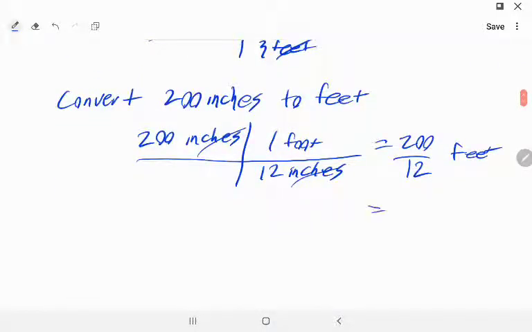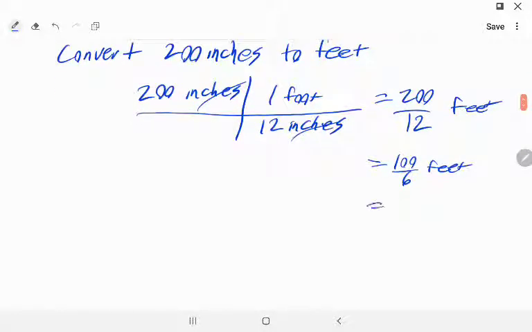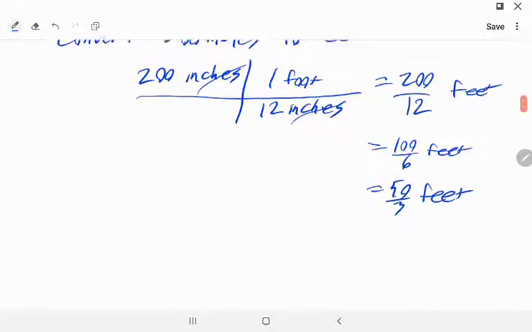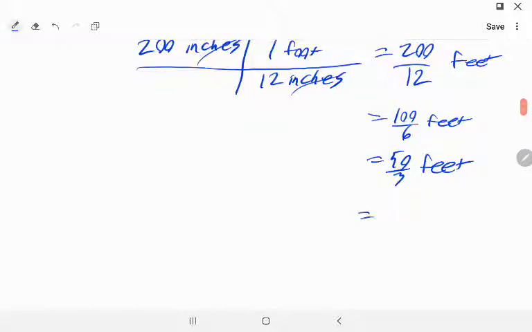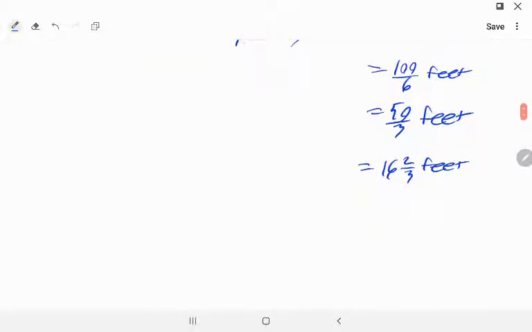We notice that's going to be 100 divided by 6 feet, which is 50 divided by 3 feet, which then finally gets us to 16 2/3 feet. Or if you felt like it, you could think of it as being 16 feet 8 inches. So always depends on what format we're looking at.